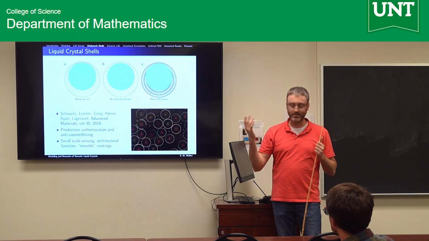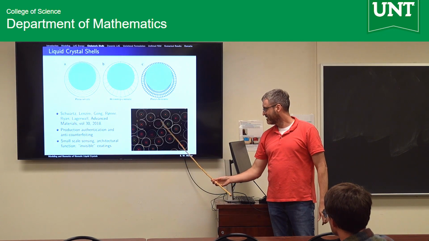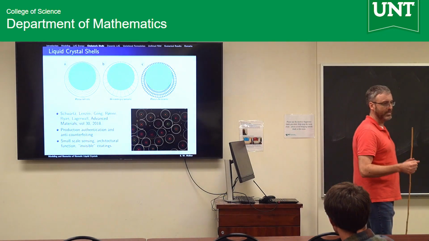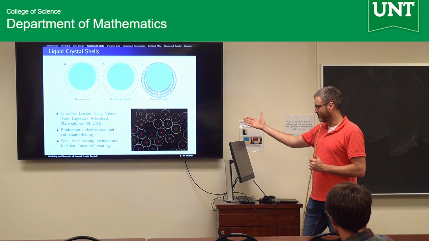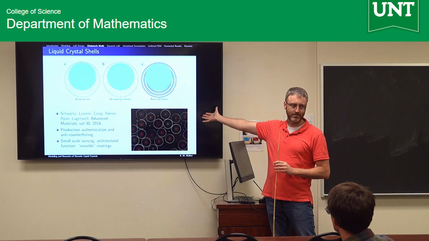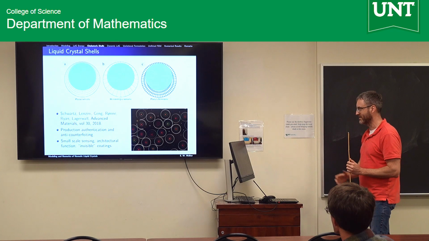Another application is anti-counterfeiting. Apparently these patterns cannot be reproduced, so you can create a unique pattern that can't be cloned, and then you attach this to whatever object you want to be authenticated.